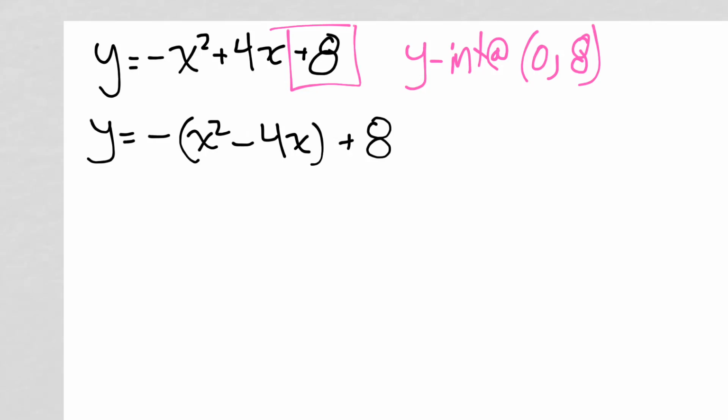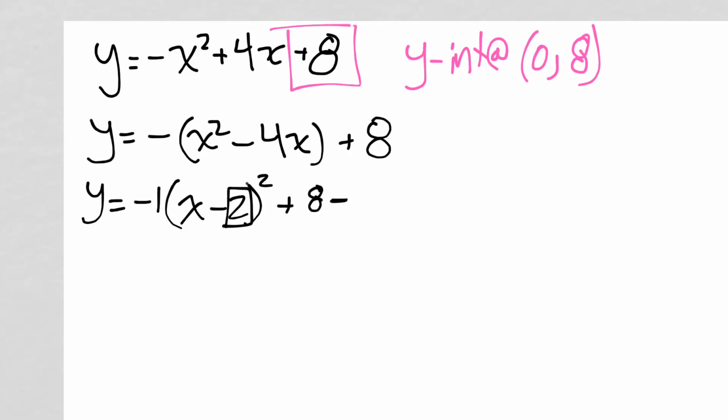Do that to the first two terms. Leave that constant term by itself. That's what we've been doing. That's what we're going to continue to do. Because now I can look at this and say, all right, x squared minus 4x is going to be (x minus 2) squared. Once you have it factored like that, it's the same deal as always. I still have my plus 8. I'm still going to be subtracting something, but I'm subtracting this number squared times my leading coefficient.